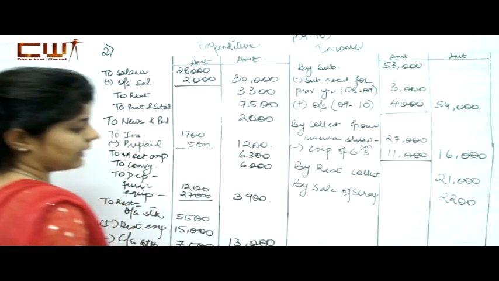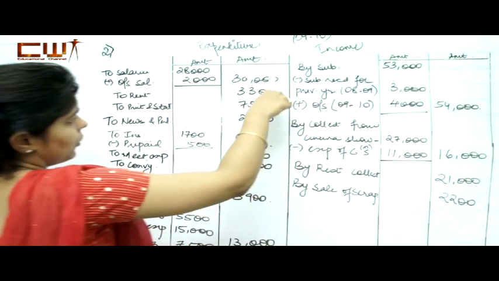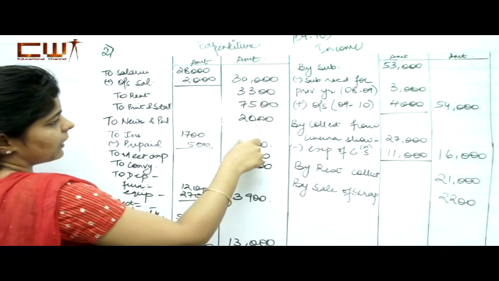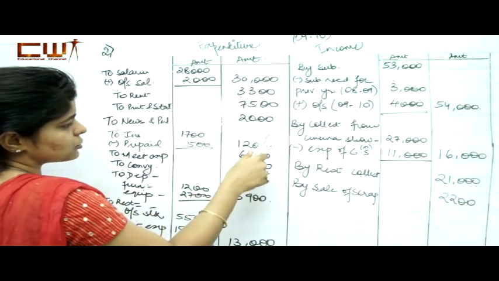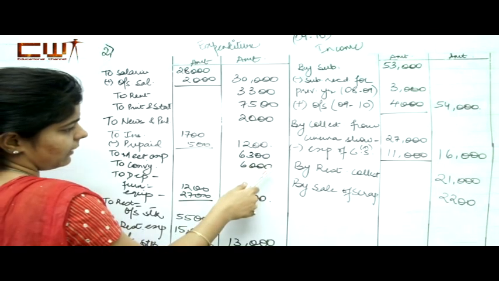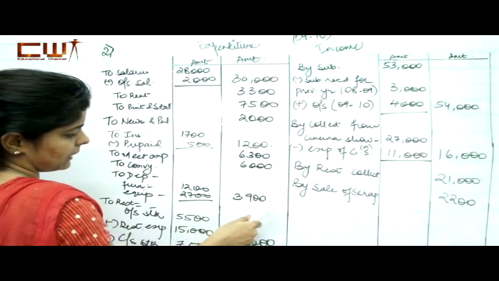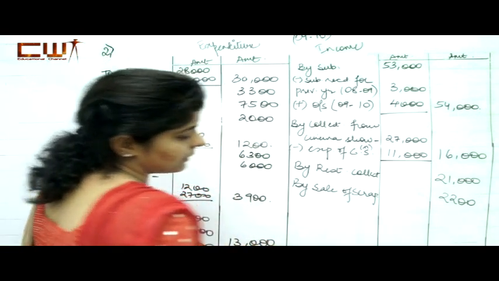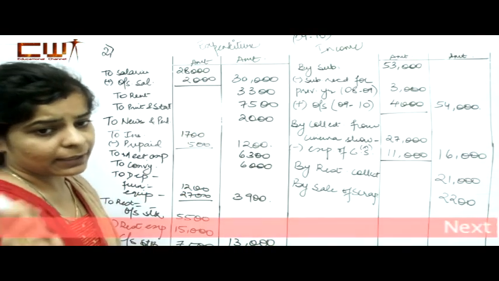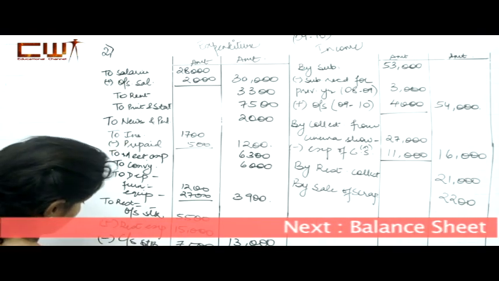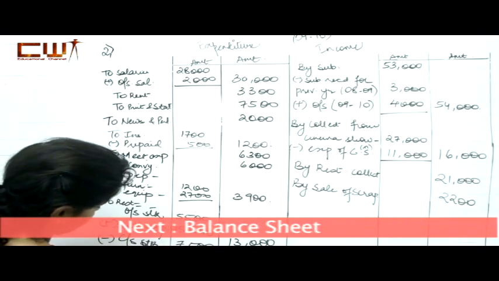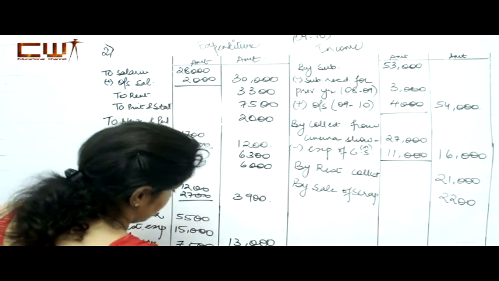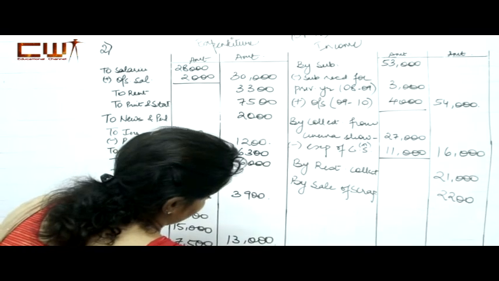Then you subtract from this 93,200 the total of 30,000 plus 3,300 plus 7,500 plus 2,000 plus 1,200 plus 6,300 plus 6,000 minus 3,900 minus 13,000. Whatever you get here, subtract from 93,200. You will get a surplus of 20,000.